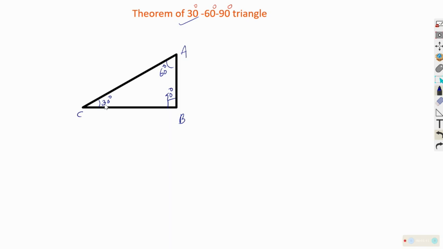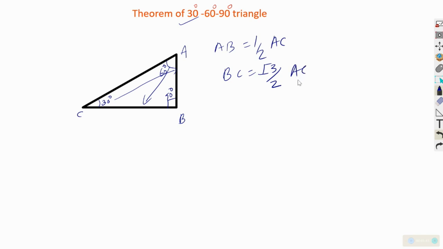In such a triangle, we studied that the side opposite to 30 degree, that is this side AB, the measure of AB is half of the hypotenuse, that is AC. This is what we concluded in the chapter. Also, the side opposite to 60 degree, which is named BC here, that is BC is equal to root 3 upon 2 of the hypotenuse. This is what you studied there.